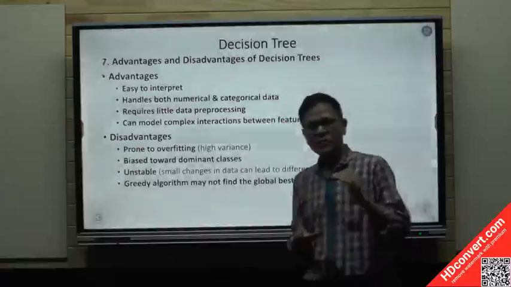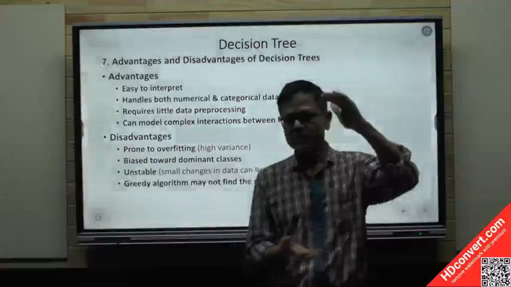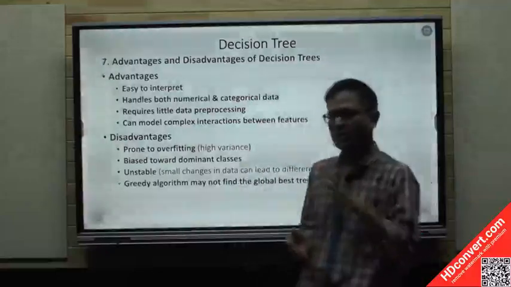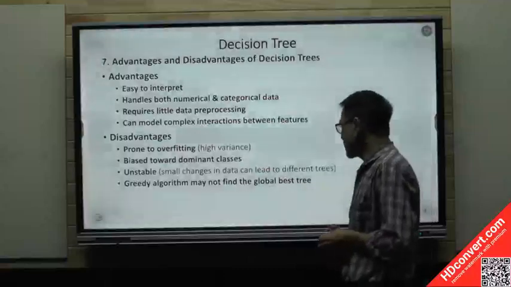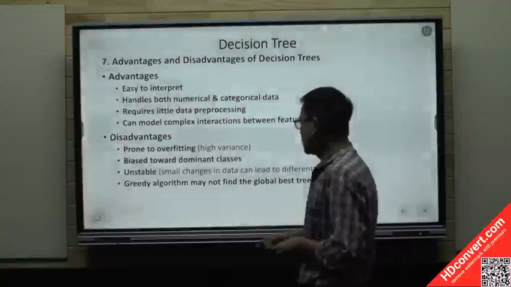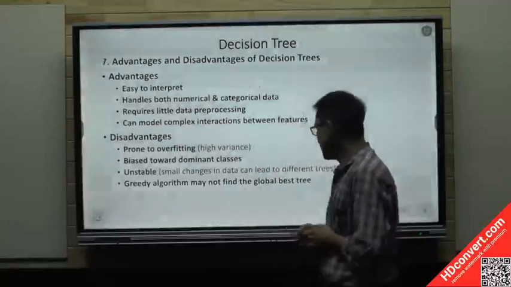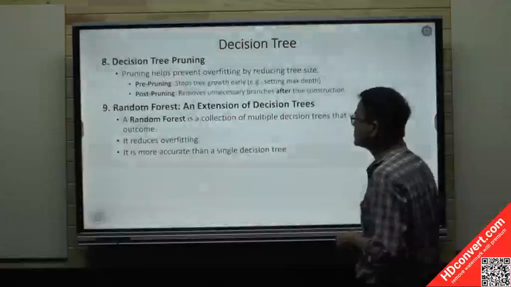That means if you give a data set in which one class is represented more than the other class, it would be biased. And unstable: small changes in data can lead to a different tree. Greedy algorithm may not find the global best tree. Okay, so these are the disadvantages.